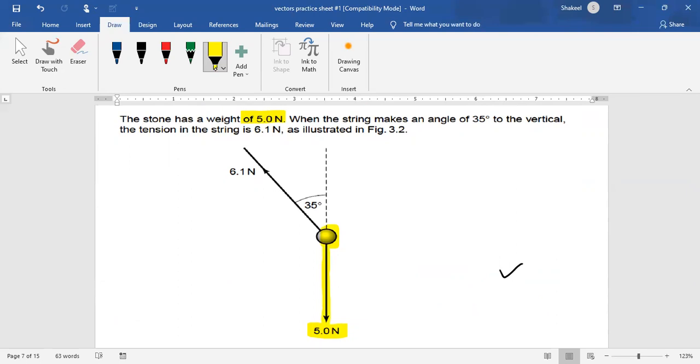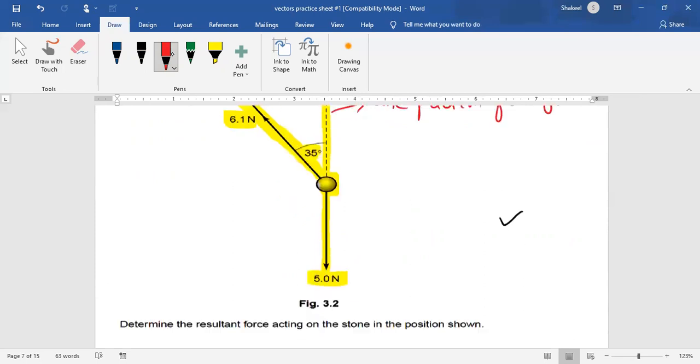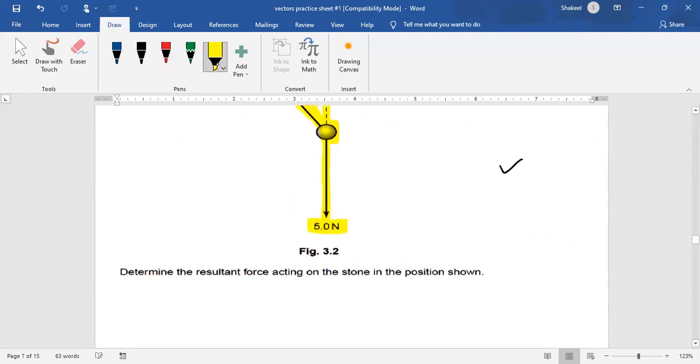The string makes an angle of 35 degrees to the vertical, so there is a string with a tension of 6.1 Newton acting at 35 degrees with the line of action of weight. This dotted line is the line of action of weight. What you have to do is determine the resultant force that acts on the stone.